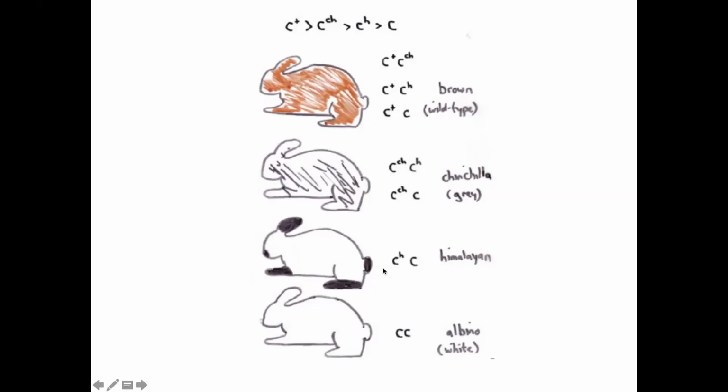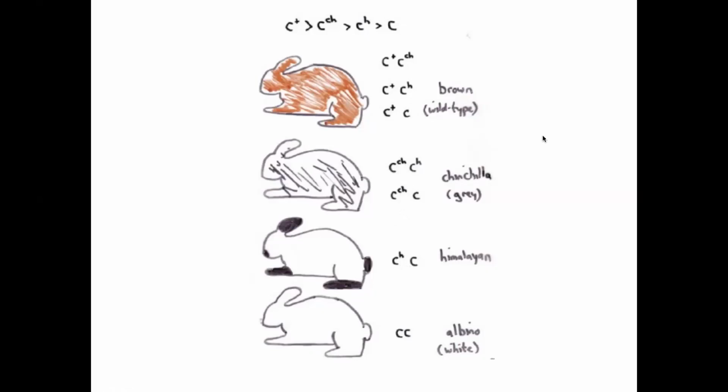So the Himalayan would be dominant, the albino recessive. Again, that's the same Himalayan allele that I described up here as being recessive, and up here as being recessive as well. So it's a relative designation when you call an allele either dominant, recessive, codominant, or whatever.